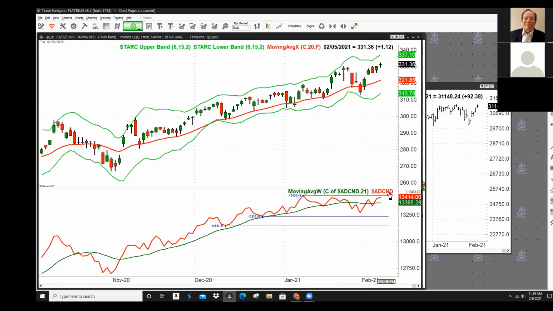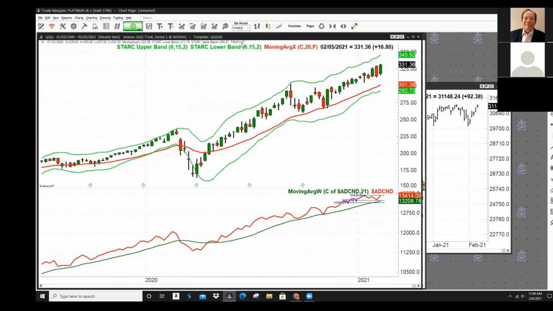And so right here, what am I using? The ADCD. So this is the advanced decline line of the NASDAQ 100. It's looking at those 100 stocks, and what I see is, it takes their advanced decline line. If you look at the weekly here, you're seeing the same sort of thing. It's not quite made a new weekly high, and did have a weekly divergence back on the 22nd of January.